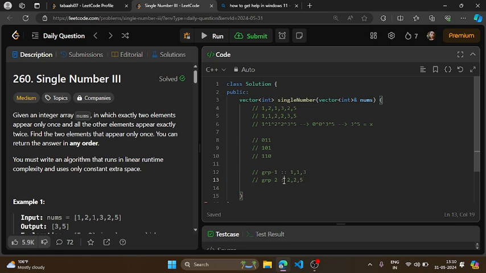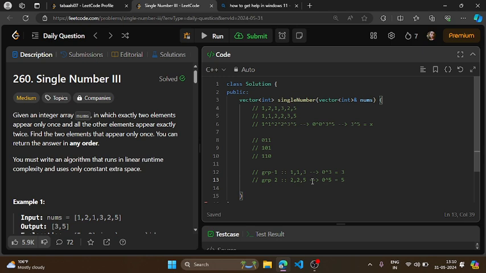So in group 1 we have two 1s and one 3. In group 2 we have two 2s and one 5. On taking XOR of all the elements of group 1, you will simply get 0 XOR 3, which is definitely equal to 3. Here you will get 0 XOR 5, which is definitely equal to 5, because XOR of 1 and 1 will be 0 and XOR of 2 and 2 will be 0, right?